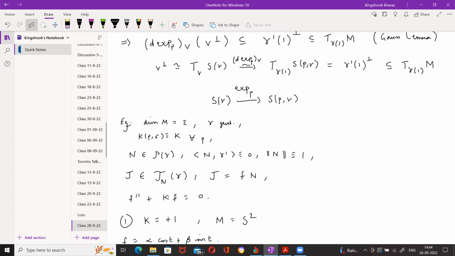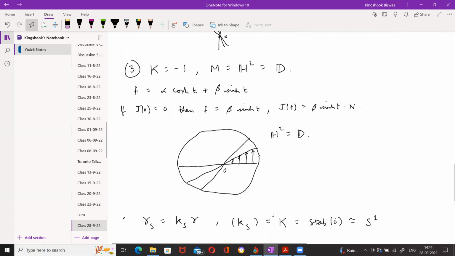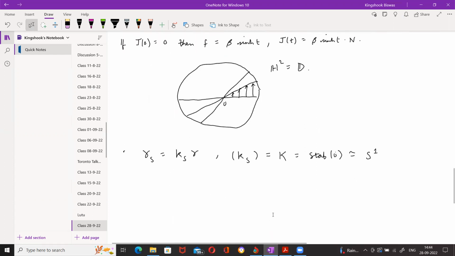But then we can look at what happens if I impose, for example, bounds on the sectional curvature. Let me look at a slightly more general case, still in two dimensions, dimension m equal to 2.